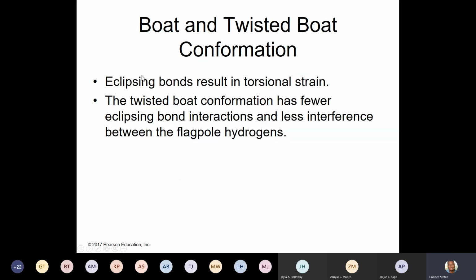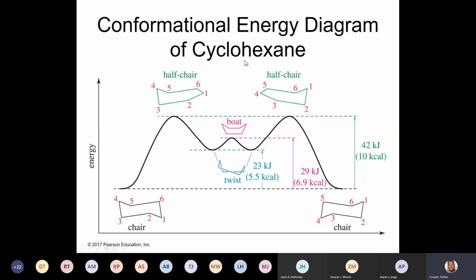We know that these eclipsing bonds result in torsional strain, because those atoms cannot rotate out, they build up torsion. The twist has fewer eclipsing bonds and doesn't have that flagpole. That's why it's lower in energy than the boat. And this is the energetics that we covered last class and also talked about today.